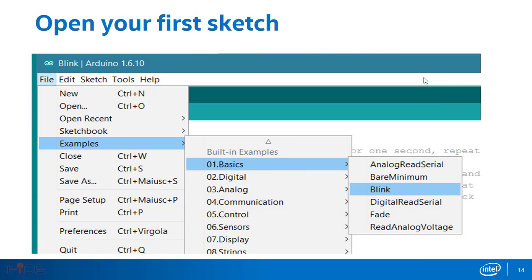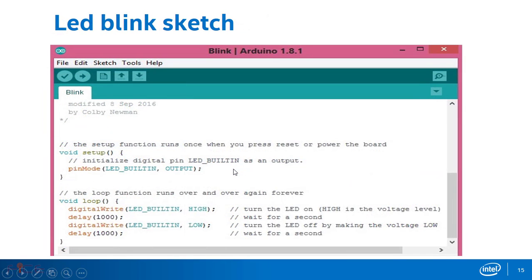So after doing all these steps, now you can test your board with the very first and basic Arduino program that is called Blink. To open this program, go to File, then navigate to Examples and search for the Blink program in the Basics section. There is one green color LED on the board which is connected with digital pin number 13.